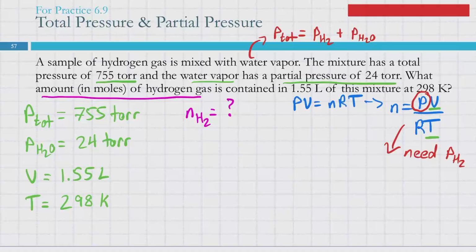So all the gas components, their pressures add up to equal the total pressure. So with our P total and our P H2O, P total minus P H2O equals P H2. So just rearranging our specific version of Dalton's law of partial pressures.